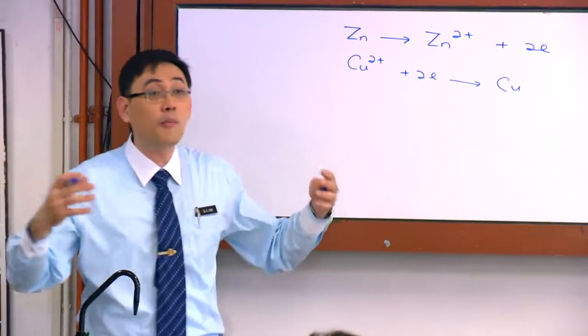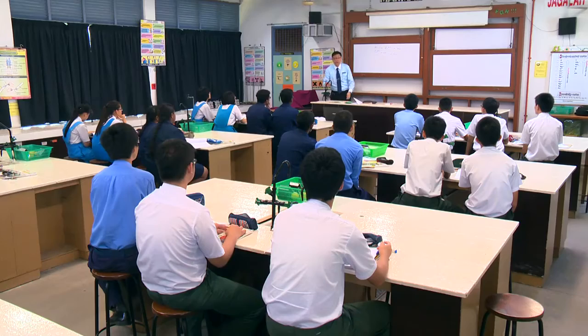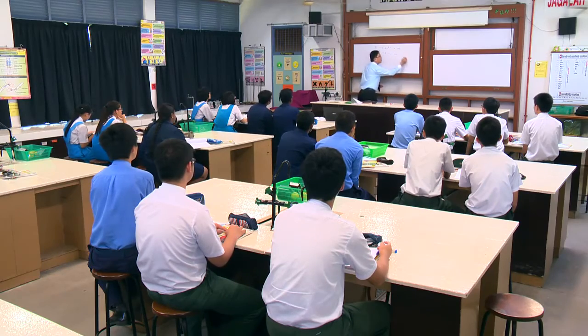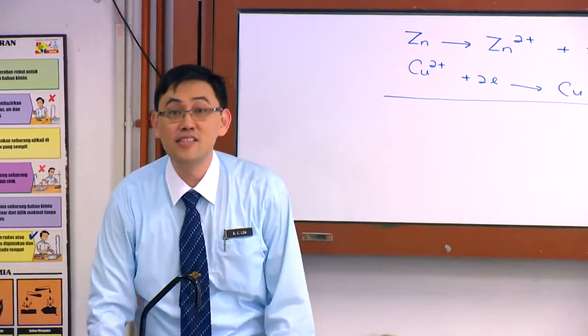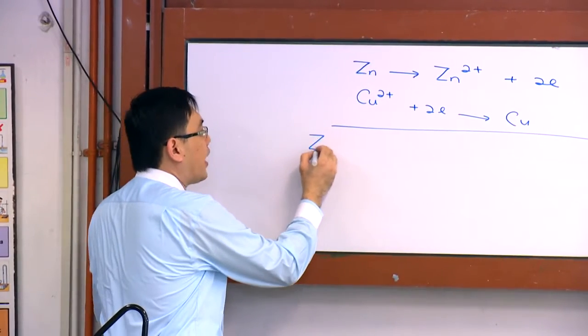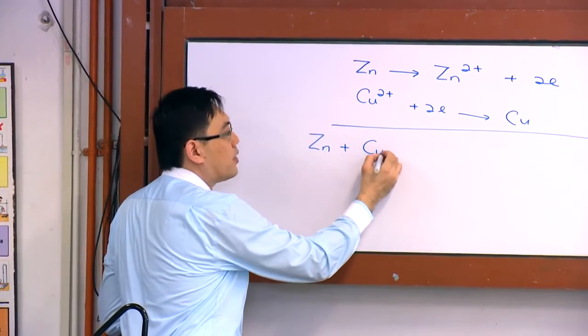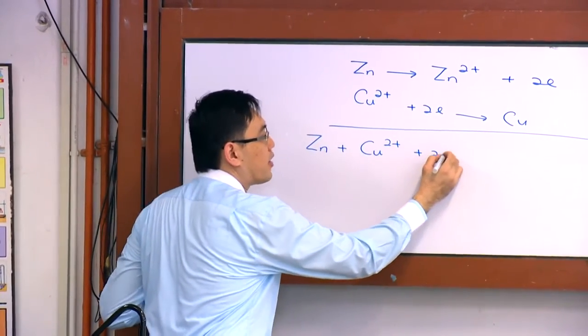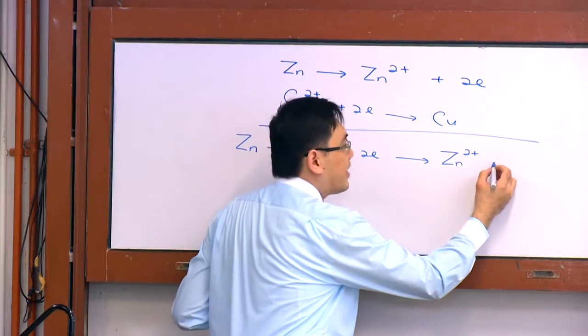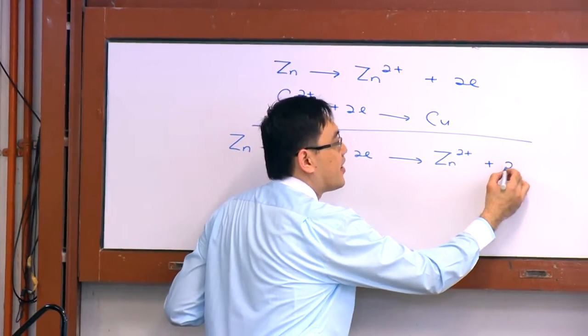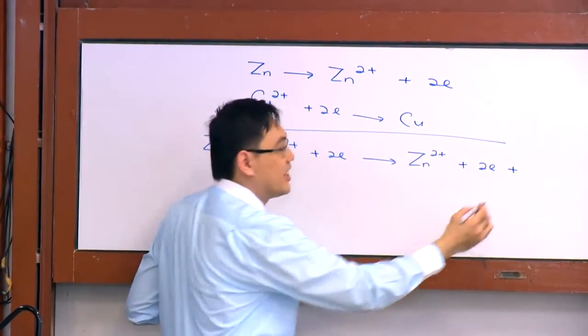When we want to combine these two half equations together to become the ionic equation, first of all, you have to check the electrons. Do they have the same number of electrons? Yes, right? So whatever is on the left hand side of the equation, we copy back. I have the zinc, the copper(II) ion, and 2 electrons. On the right hand side, what do I have? Zn²⁺ plus Cu.